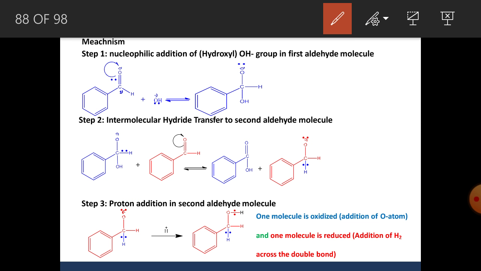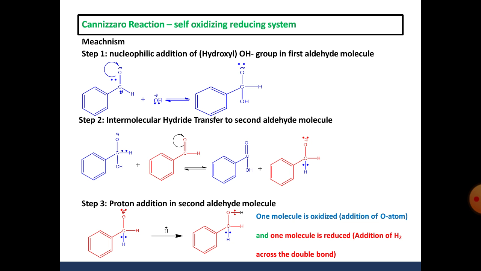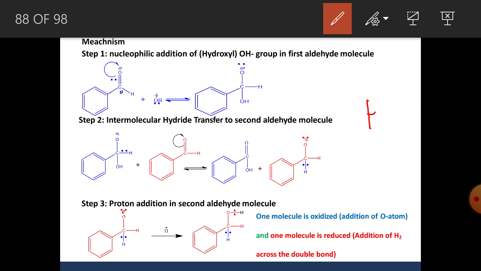Now see, whenever you are saying proton, proton means H plus, which is electron deficient. Whenever you are saying H minus, that means it is electron rich, a hydride. So from the first molecule, the H minus ion is liberated, that is the hydride ion.